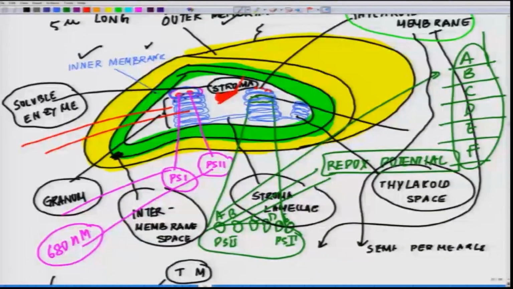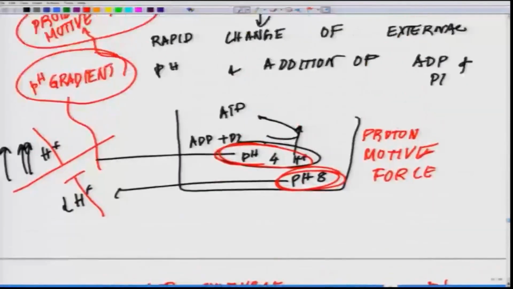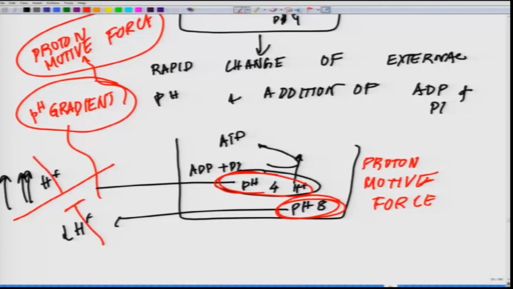Okay, so this is where pH 8 and this is where inside pH 4. So you are creating a gradient between inside and outside, and that is the gradient I was trying to show you in this picture. That is the kind of gradient you are creating here.